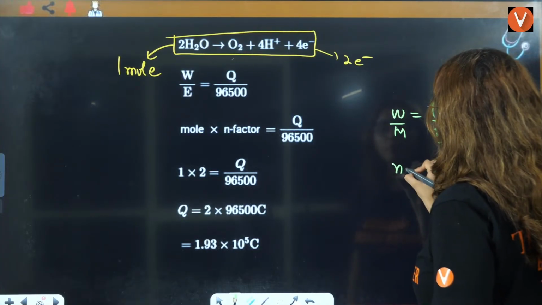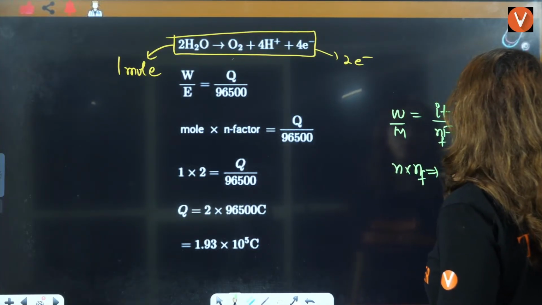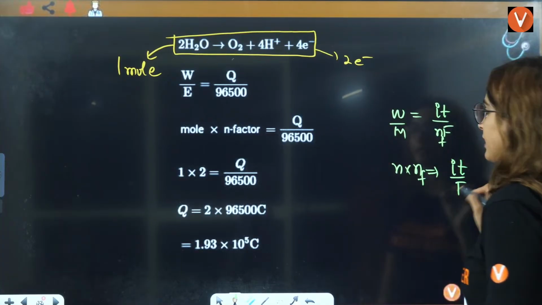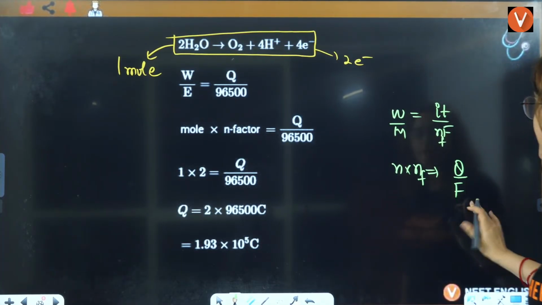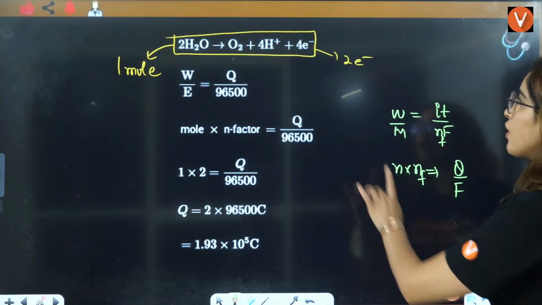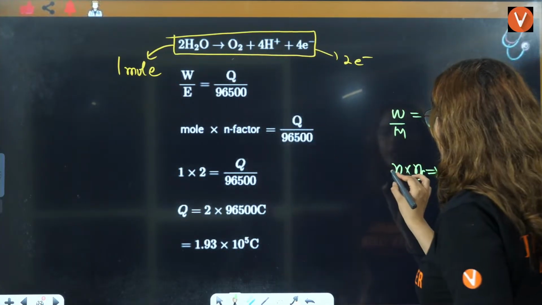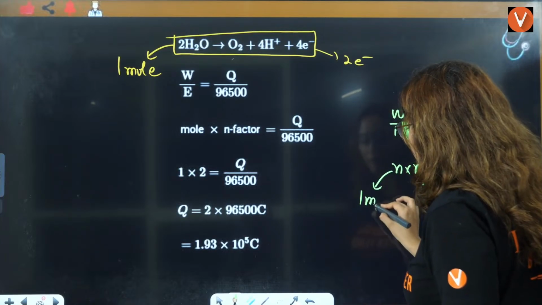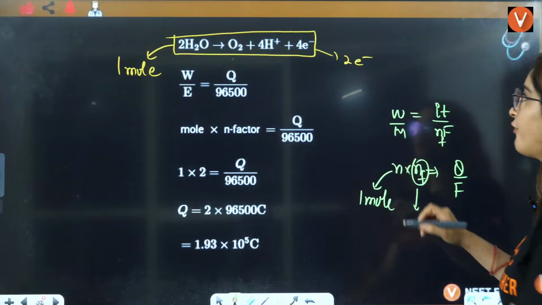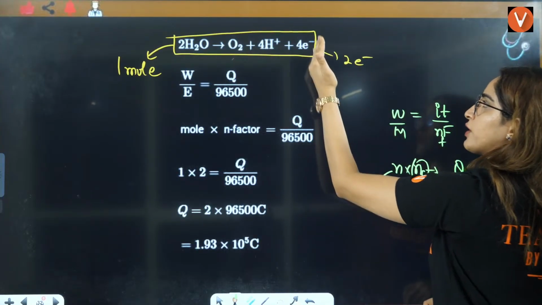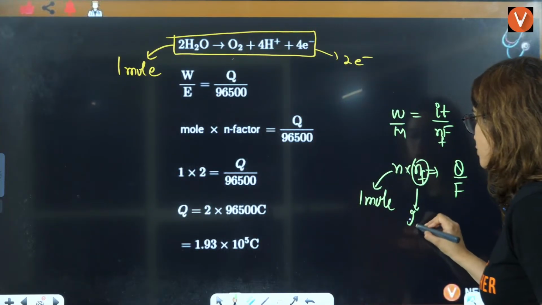So number of moles into N factor is equal to IT by Faraday, that is nothing but charge by Faraday. For 2 moles you have 4 electrons, for 1 mole you will have 2 electrons.